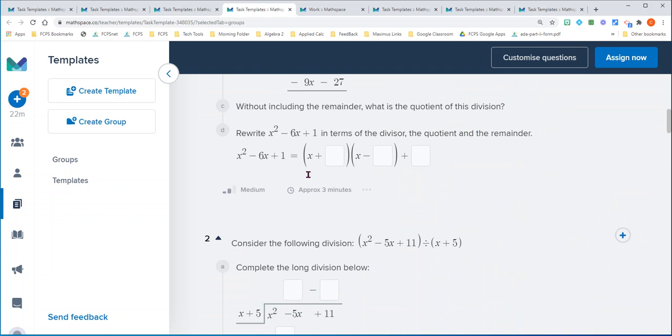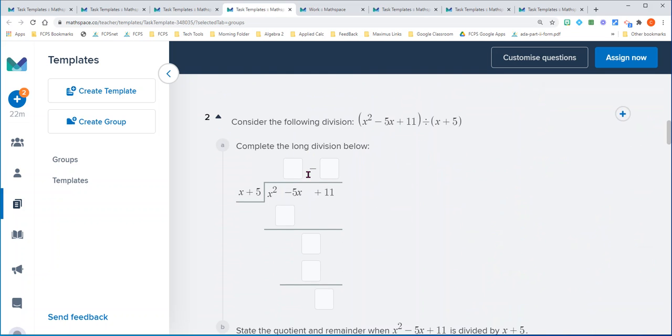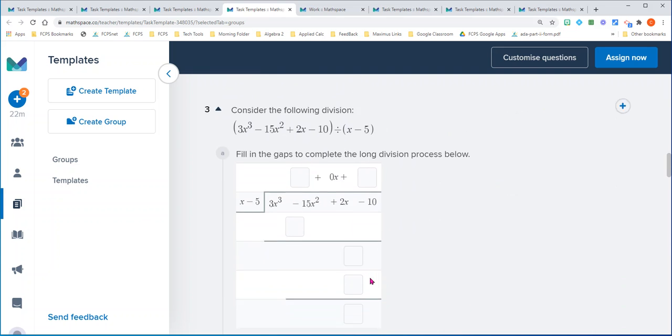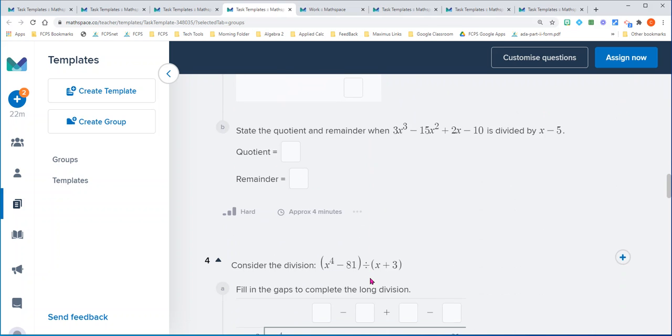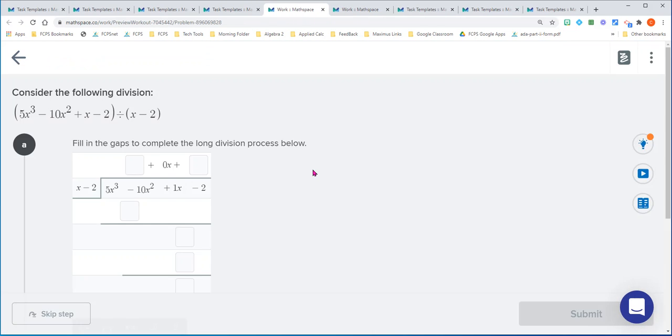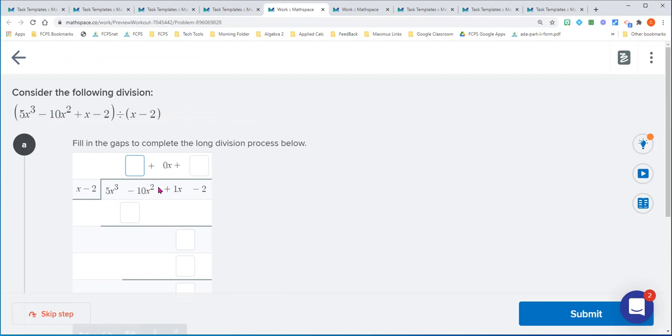Okay. Let's go ahead and try this one. Okay.